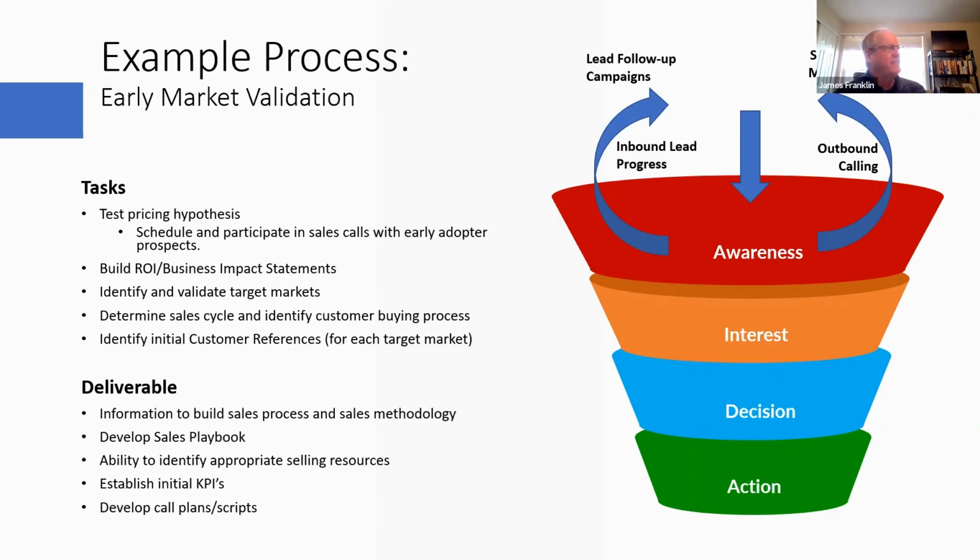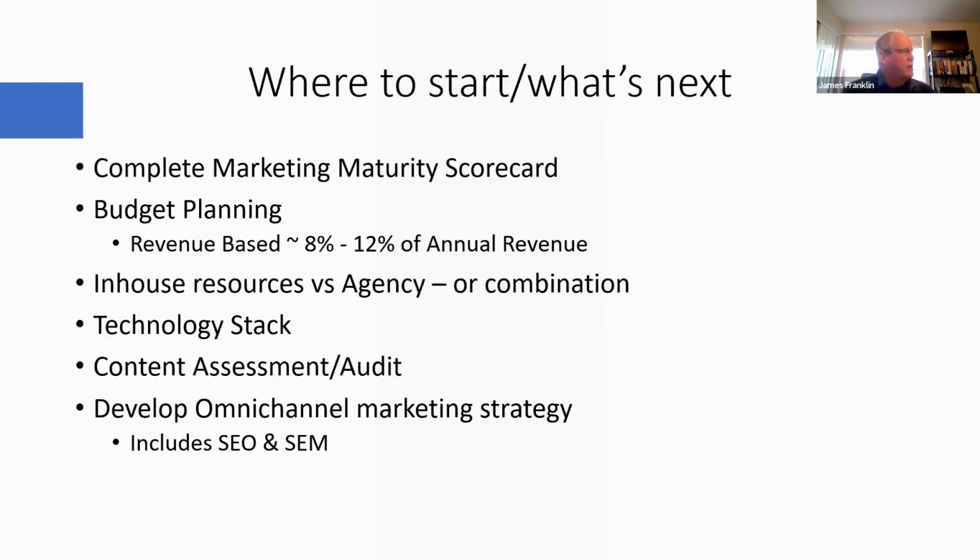So this is just an example where you could look at your overall lead progress, what you're doing for your campaign follow-up, what's your cadence of the campaign, what kind of content you're using, how many meetings you're getting scheduled based on your outbound calls. This is an example of how you can use all the information we've talked about previously throughout this conversation. So it's like, okay, great, that's one thing, but where do I start?